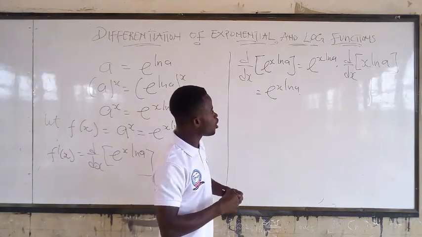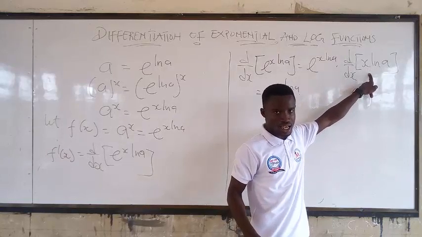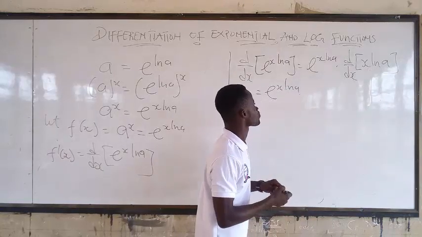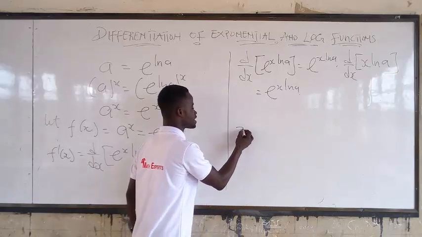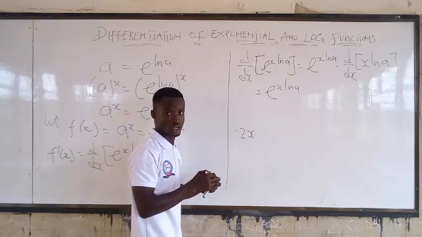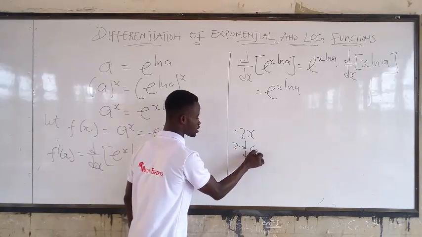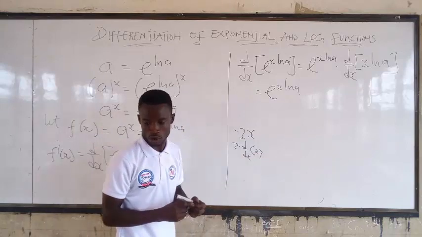Alright. So to take the derivative of, let's say, 2x, you can bring the 2 out and take the derivative of only the x.